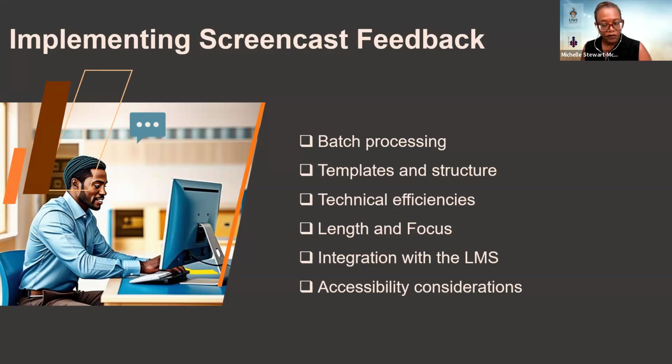Consider the length of your video, 3 to 5 minutes. And that is enough for you to highlight the areas that you want to highlight, pick up the students, point out what areas need adjusting and so forth. And then, of course, try to focus on, say, 3 major points rather than nitpicking and going through everything that you find.